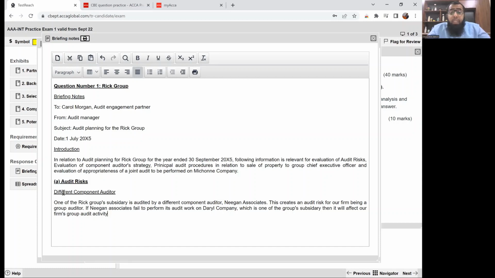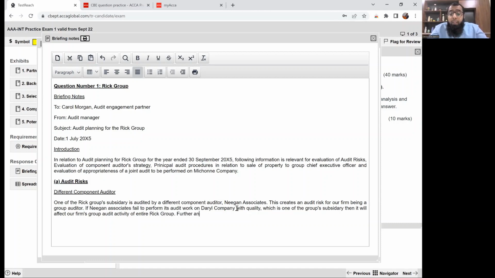If Negan Associates fail to perform their audit work on Darrell Company with quality, you can write it that way. Negan Associates is one of the component auditors. If they fail to perform the audit work with quality, then it will affect our firm's group audit activity of the entire RIC group.